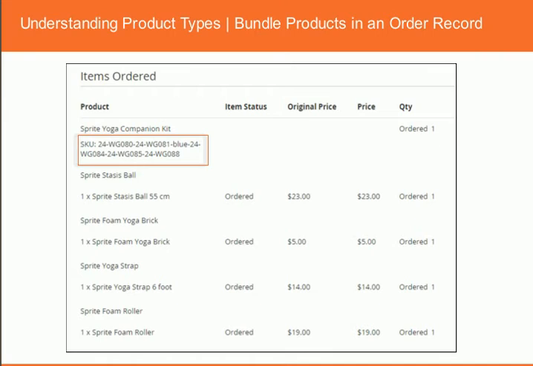For example, suppose you sell these Sprite Yoga Companion kits both as pre-assembled bundles and as custom bundles that the customers build for themselves. If a customer orders a pre-assembled bundle, your inventory needs to keep track of the availability of the bundle as a whole and the bundle's individual pieces, which may also be used in custom bundles or other pre-assembled bundles as well.